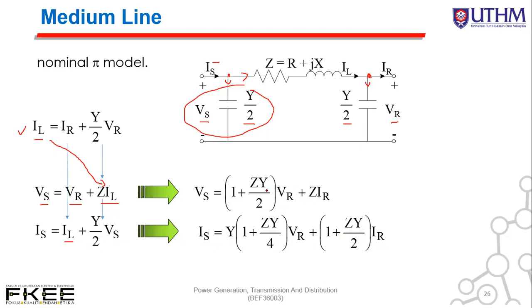So we can further simplify VR, IR, Vs, IS to the two-port network or ABCD parameters.